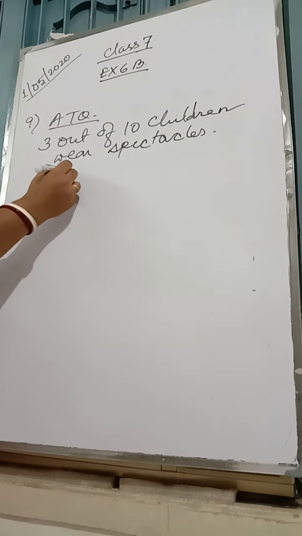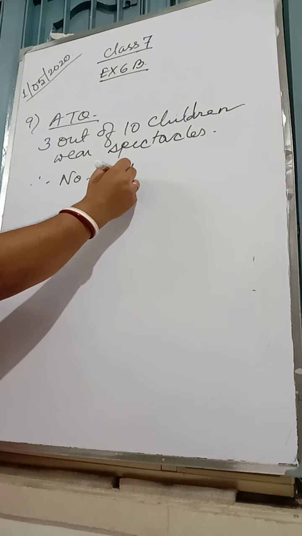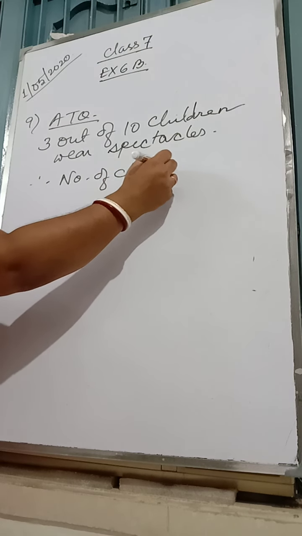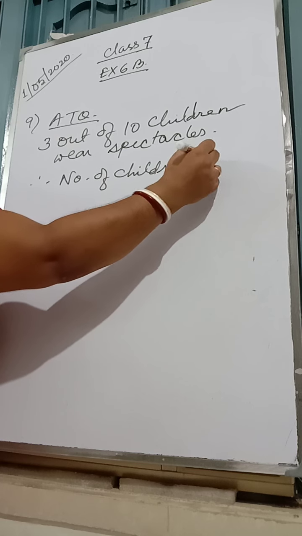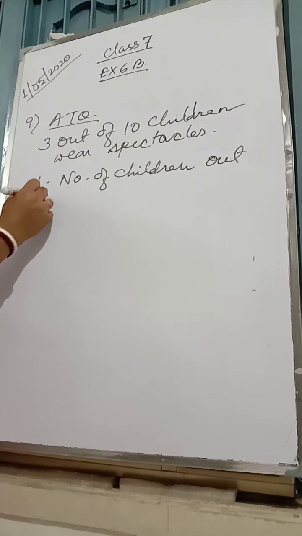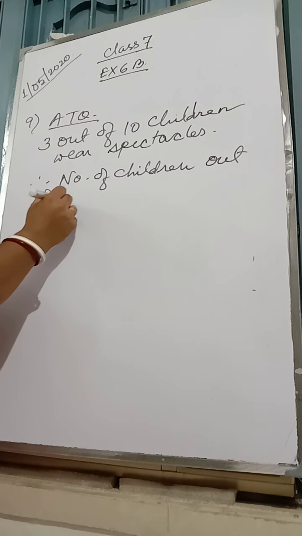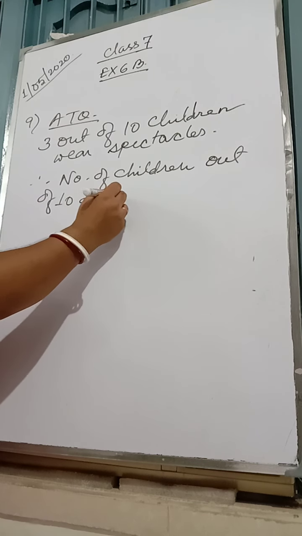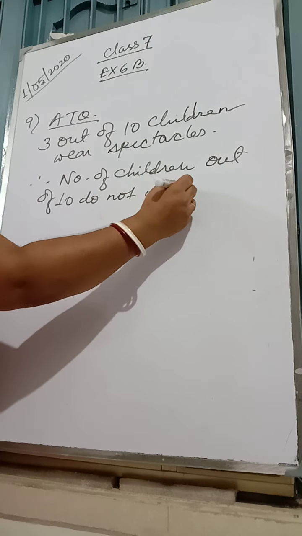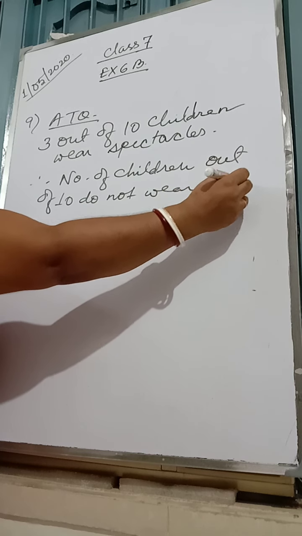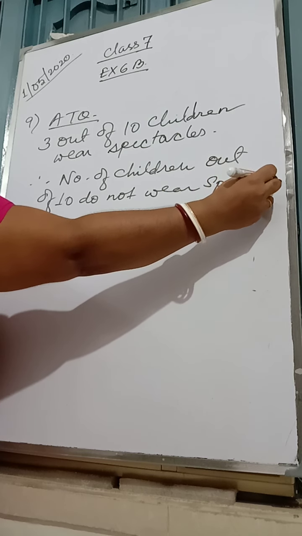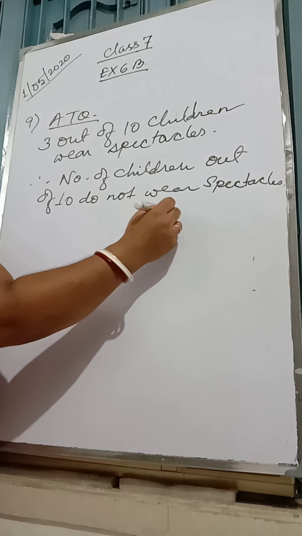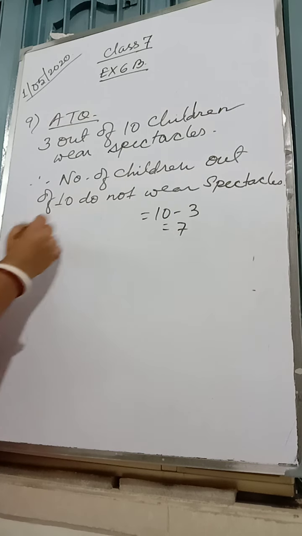So the number of children who do not wear spectacles out of 10 is equal to 10 minus 3, 7.